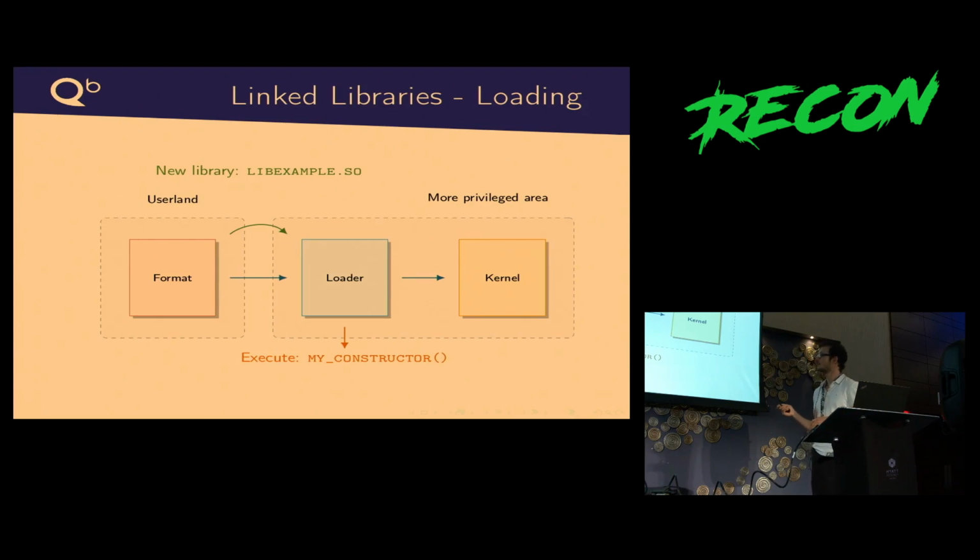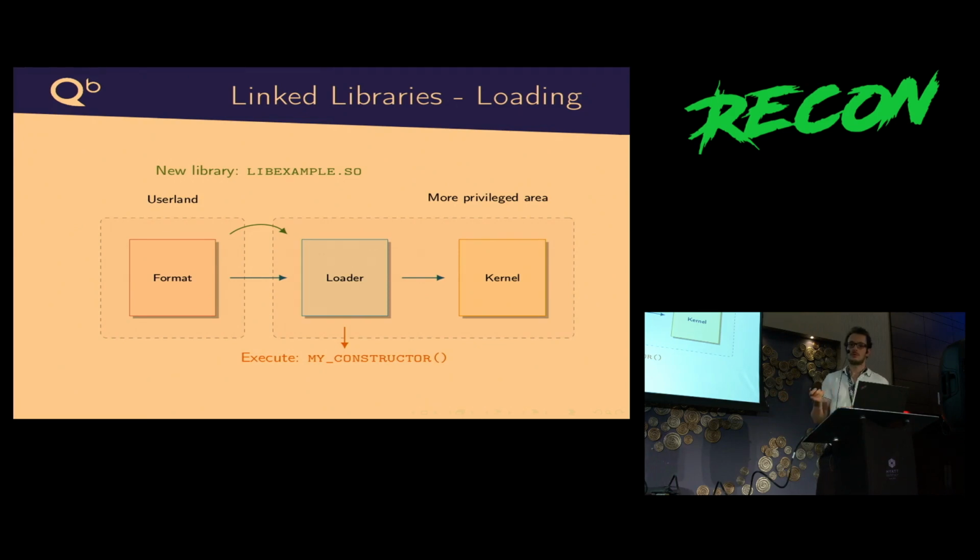Here, when the loader loads the program, it iterates over all the dependencies and all the libraries. The loader will map the library into the process memory, and then it will call a special function, which is a constructor. A constructor is a function that is called each time the library is loaded.